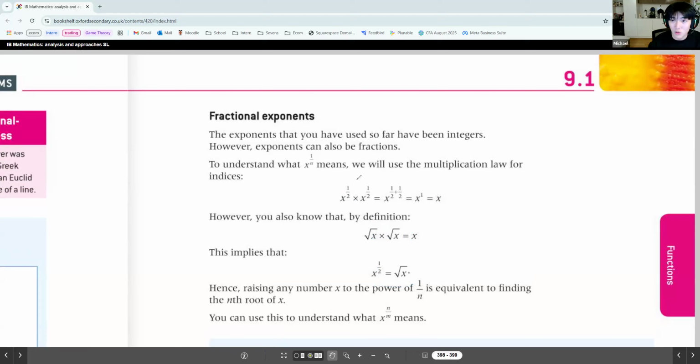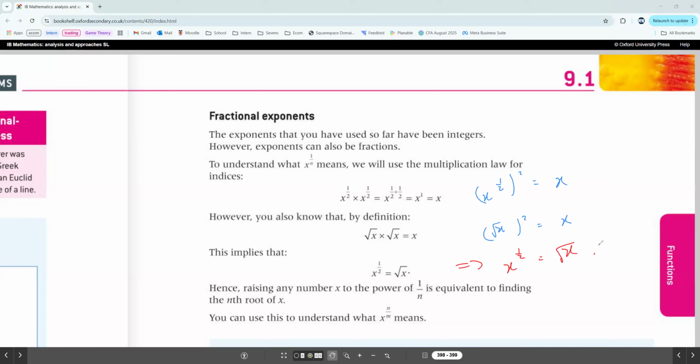Given that these are positive, and squaring themselves gives you x, and square root x squared is also x, that means they must be the same. That means we have x to the half is just square root of x. Okay, so that's the reason behind this.